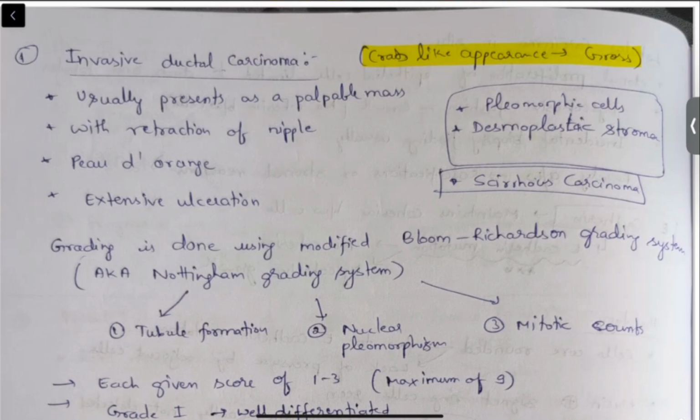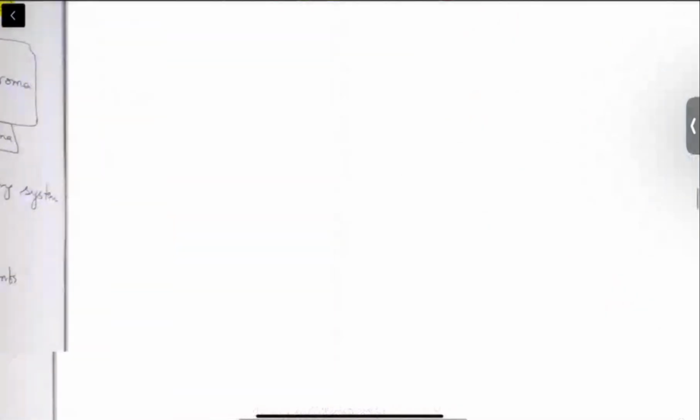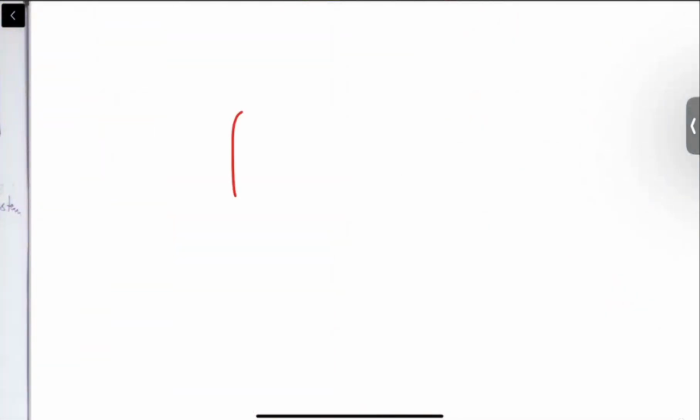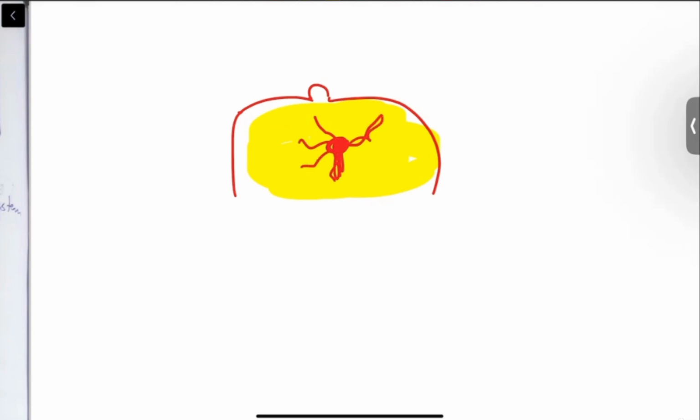If you take a cross section of a breast specimen, the entire thing will be filled with fat, and usually there will be invasion of a tumor which spreads wherever possible. So this appears like a crab.